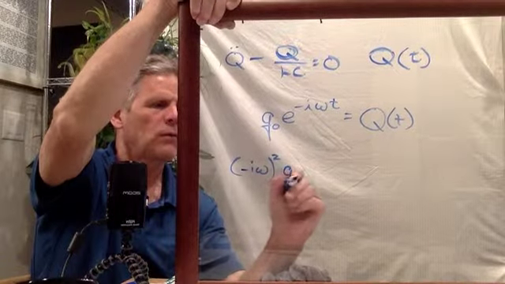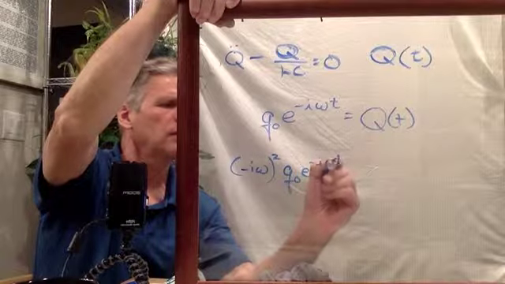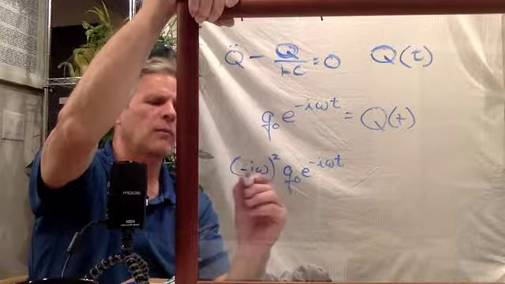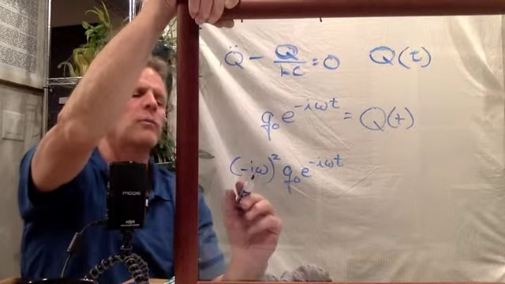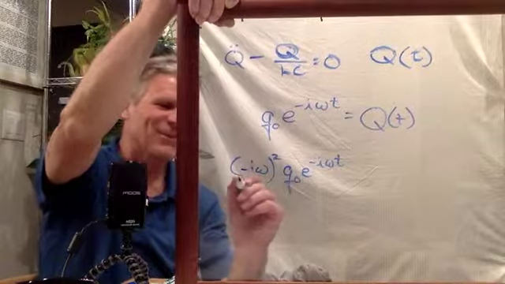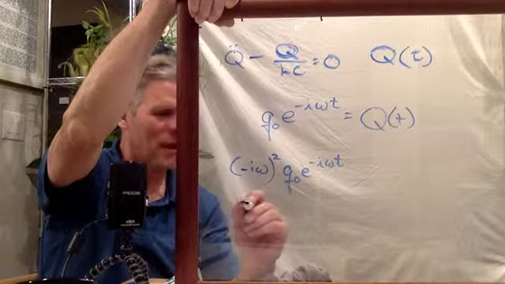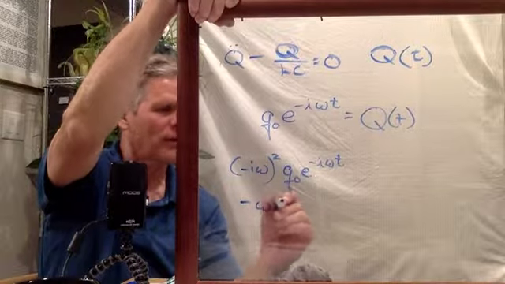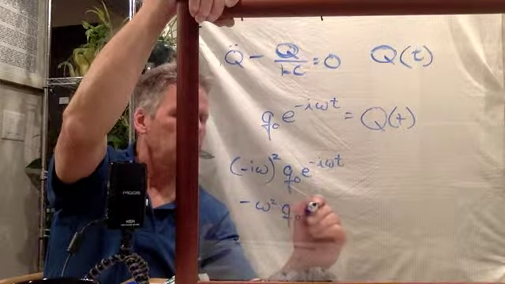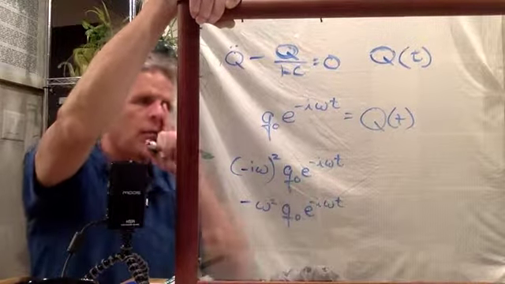So we have Q0 e to the minus i omega t equals Q of t. What is that? Minus times i times i is minus 1. Minus is plus. So what do we end up with? We have a minus and minus, so that's a plus, but then we have minus 1. So we have minus omega squared Q0 e to the minus i omega t. And what is this?